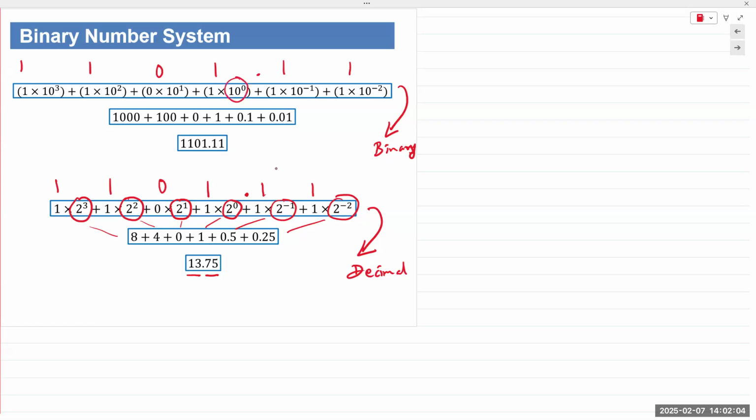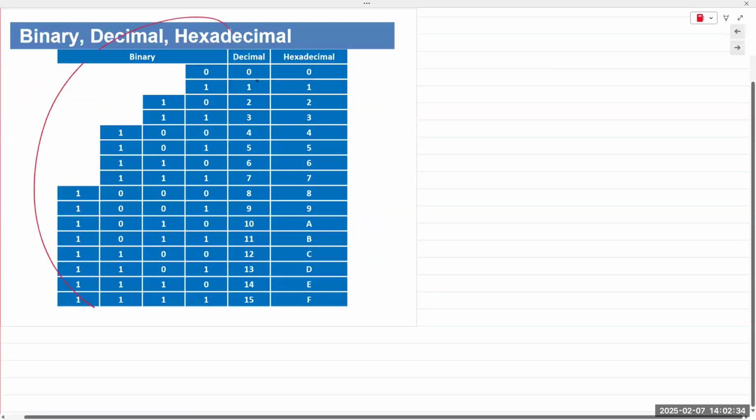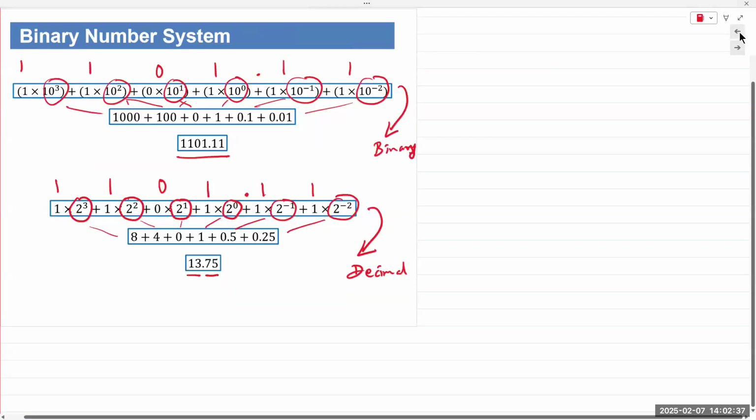That's our multiplier. And then here is 10 raised to minus 1, 10 raised to minus 2. That gives us 1,000 plus 100 plus 0 plus 1 plus 0.1 plus 0.01. And that gives us 1101.11. Okay. And there is the table on the next page, but let's cover that on Monday.